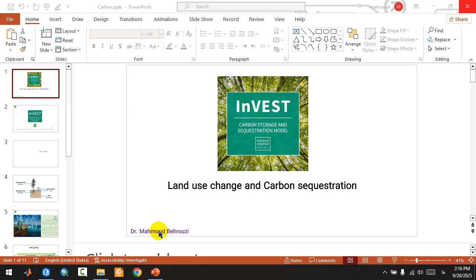Also, humans by land use change eliminate and destroy the forest, then carbon is emitted and released into the atmosphere. We will calculate and measure the effect of land use change on the carbon storage and sequestration by InVEST software.